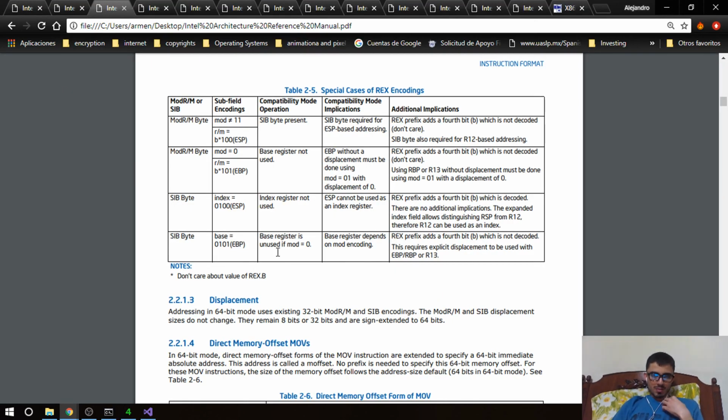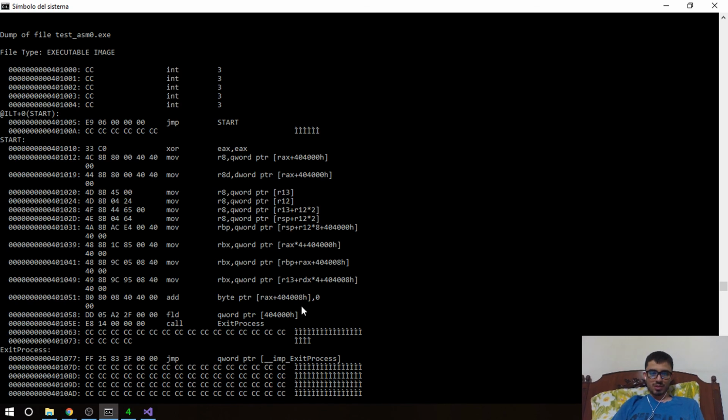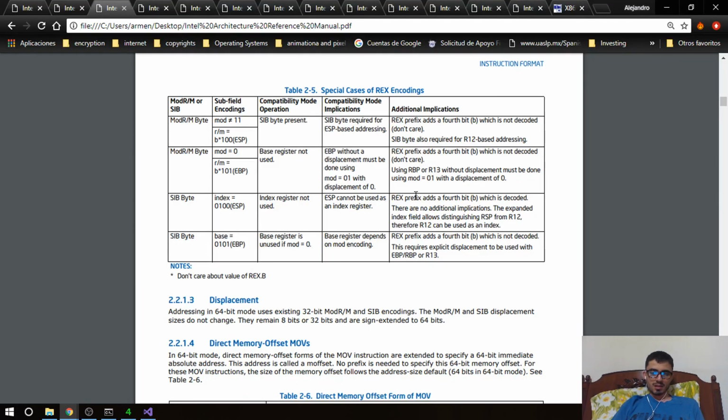Because on the base, the register is unused if mod equals 0, but the register depends on mod encoding and adds a 4-bit which is not decoded. This requires explicit displacement to be used with EBP, RBP, or R15, which is the thing that we are using here. You see, we're using R14 plus an explicit displacement. That's the way it has to be.